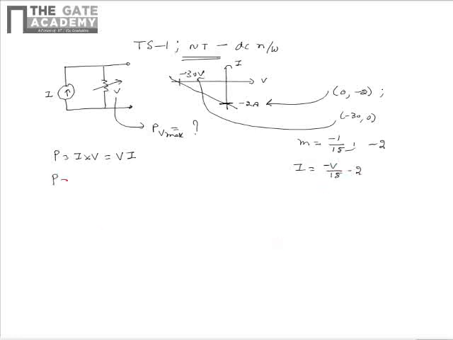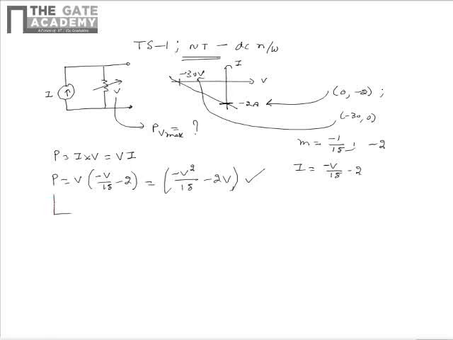From this the power dissipated in the variable resistor can be written as P is equal to V multiplied by (-V/15 - 2). This can further be simplified as -V square by 15 minus 2V. So this corresponds to the equation for the power dissipated in the variable resistor at any voltage.